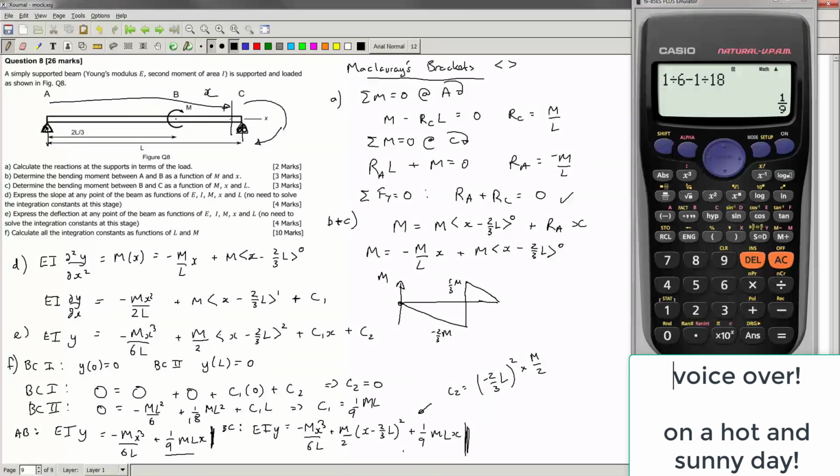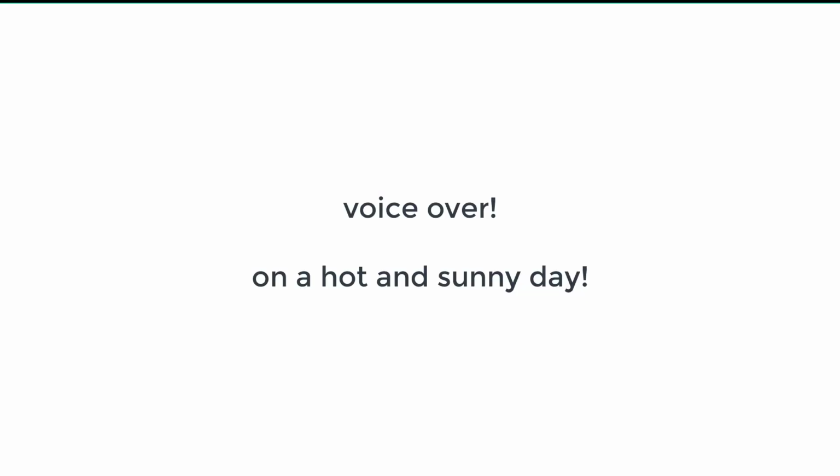And then when you expand out that bracket, your cross term, when you multiply the x times the 2/3 L, will be the only term associated with your C1. Okay, so I'll leave it there.